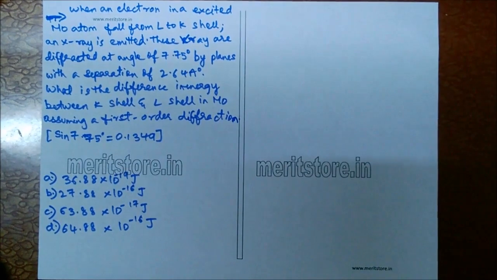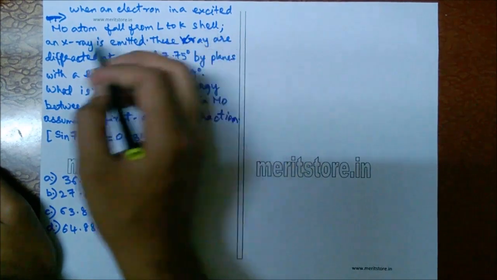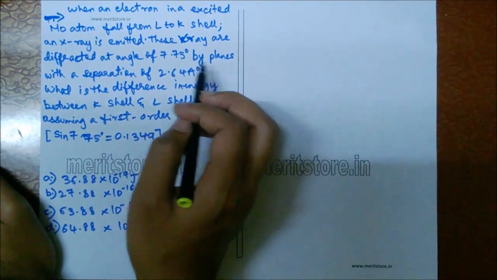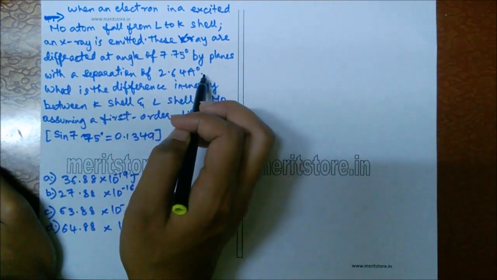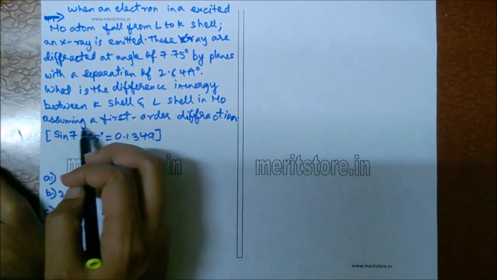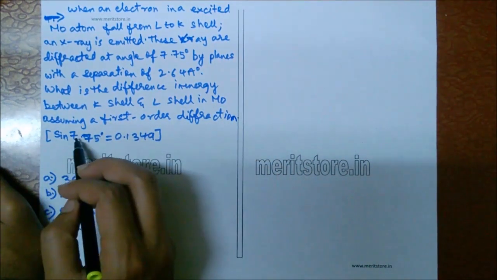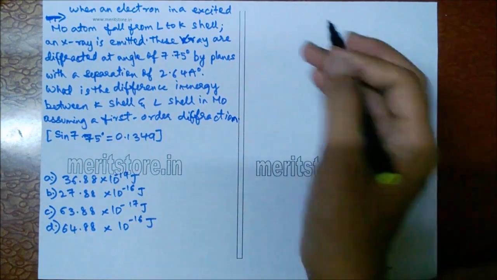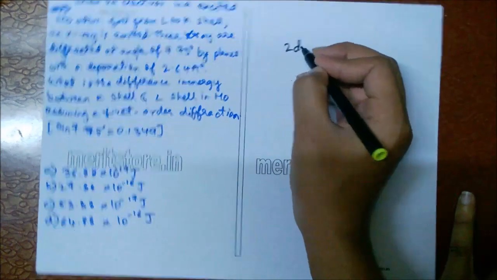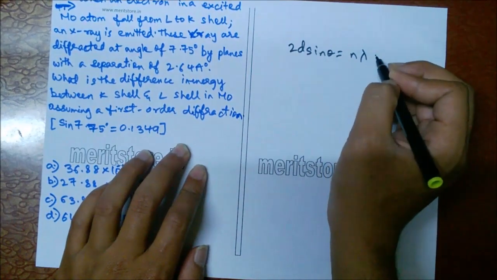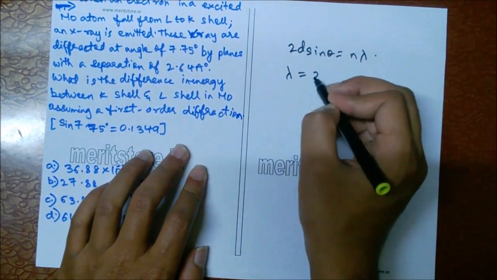When an electron is excited, a molybdenum atom falls from L to K shell and an X-ray is emitted. This X-ray is diffracted at an angle of 7.75 degrees by planes with separation of 2.64 angstrom. What is the difference in energy between K shell and L shell in molybdenum, assuming first order diffraction? Sin 7.75 degrees is 0.1349. We know that 2d sin theta is equal to n lambda by diffraction, so lambda is equal to 2d sin theta.